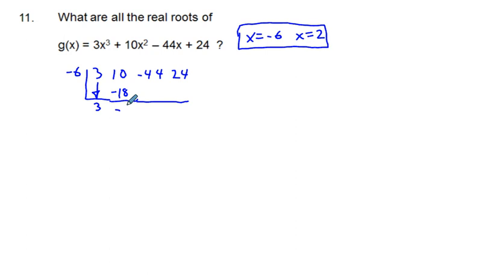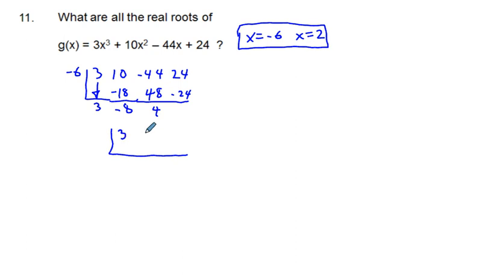Get -8 here. -6 times -8, that's going to be positive 48. -44 plus 48 is 4. -6 times 4 is -24. So we get 3x squared minus 8x plus 4.